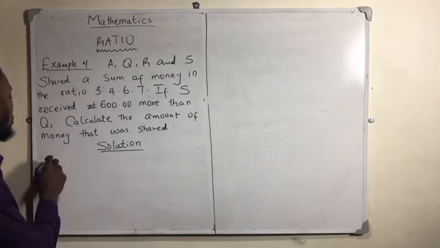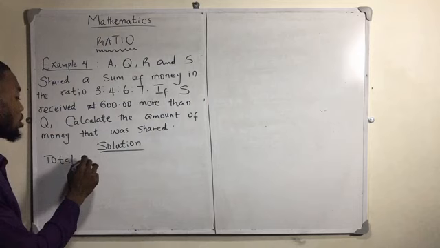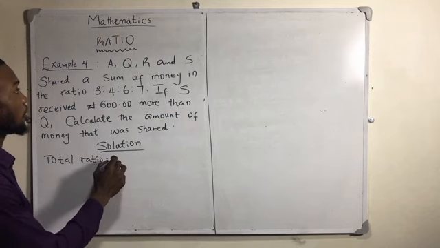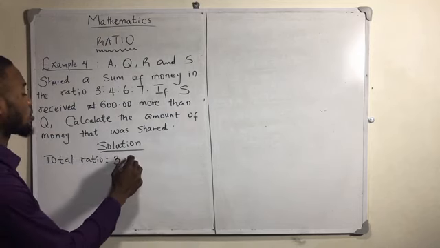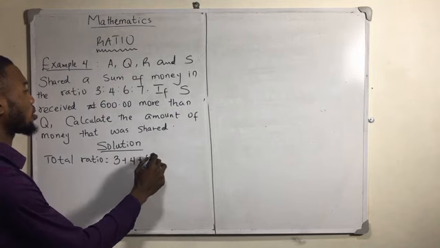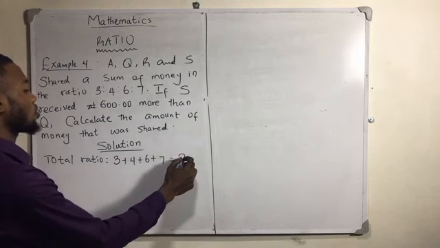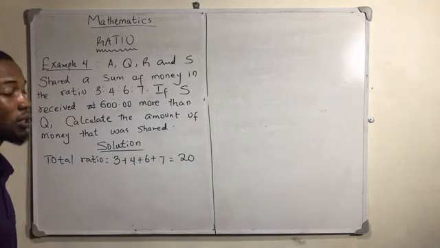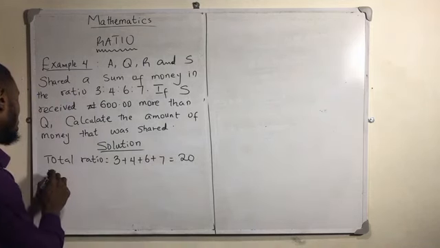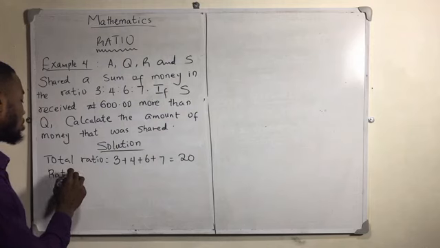The first thing is to look for the total ratio. So we are going to have the total ratio to be 3 plus 4 plus 6 plus 7. So let's see what we have. This is 20. 20 is the total ratio. Now let's say the ratio that is being put into consideration.